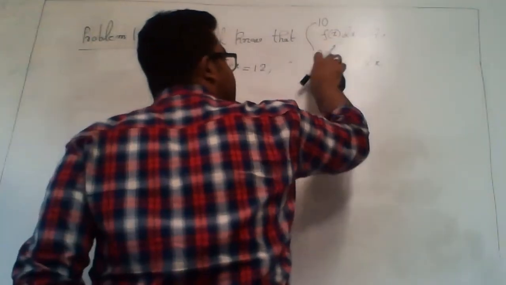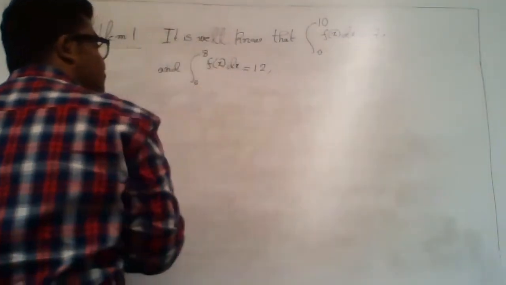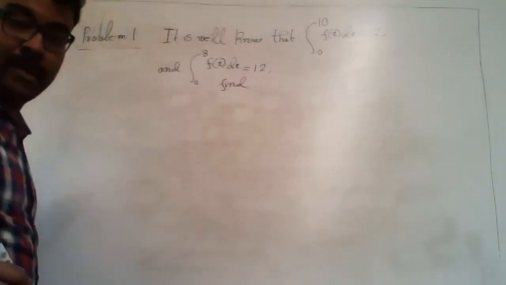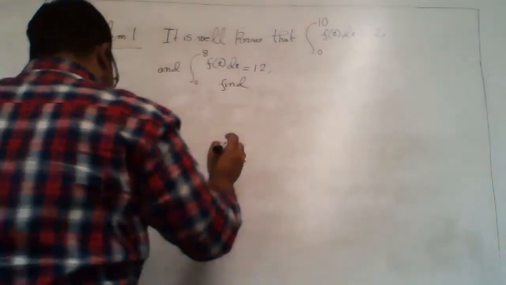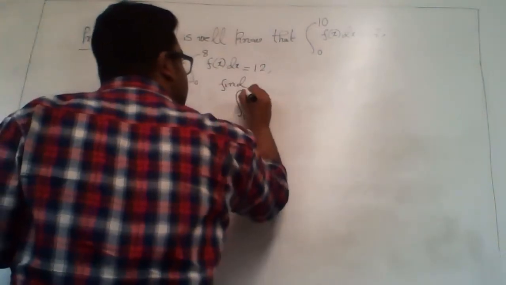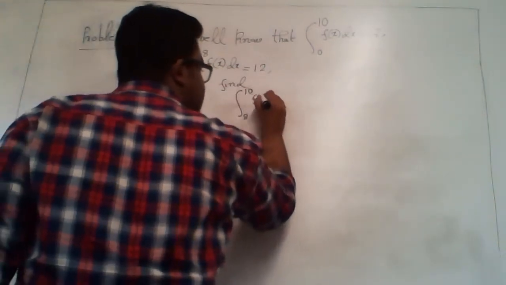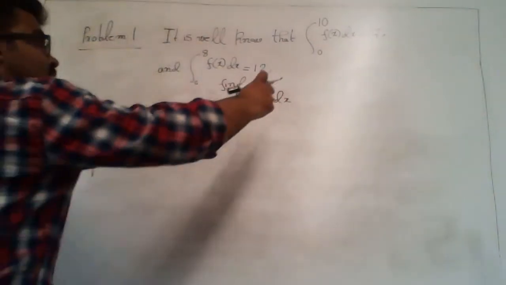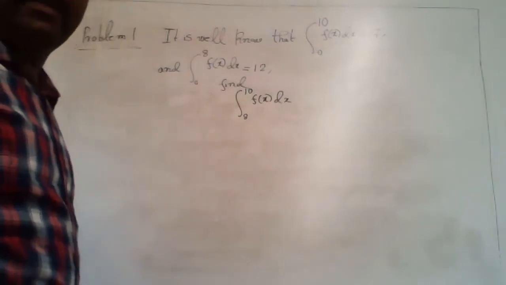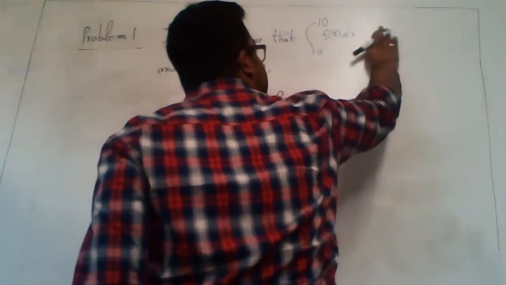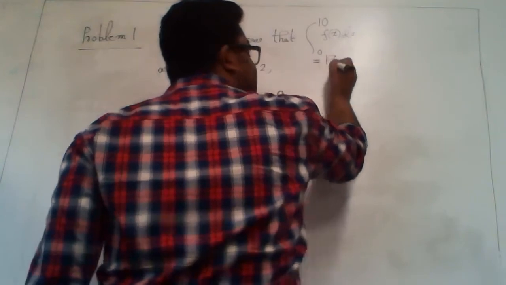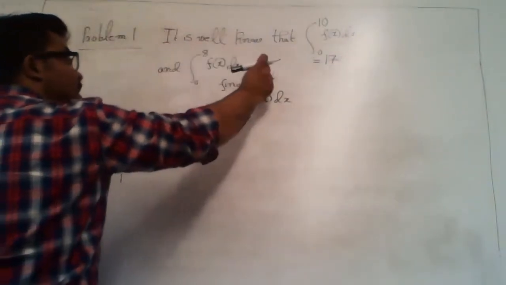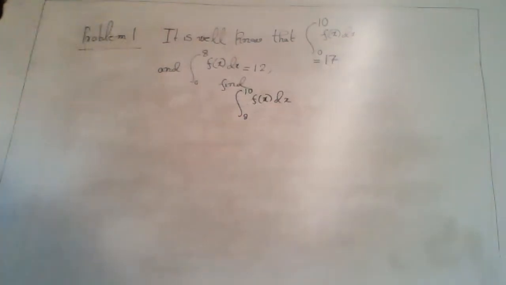What you need to find is the integral from 8 to 10 of f(x) dx. The value of the integral from 0 to 10 is 17, the value of the integral from 0 to 8 is 12, and we need to find out this one. So how do you do it?